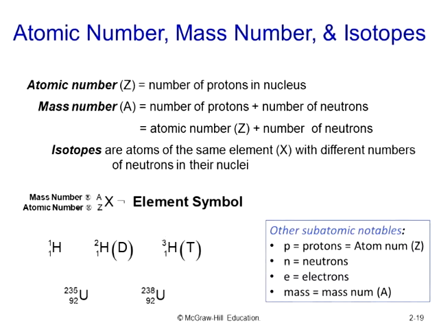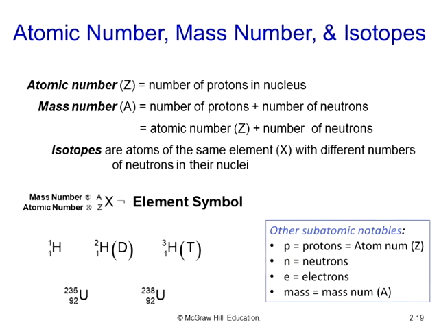The atomic number, which is called Z, is the number of protons in the nucleus. That number, the atomic number, is the small whole number on the periodic table for each element. Each element has a small whole number, which is its atomic number. That atomic number does not change for the elements. It is always equal to the number of protons.